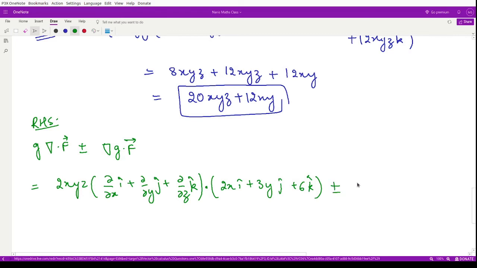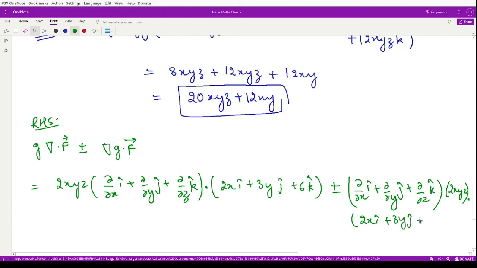Plus minus the vector del operated onto g. What is g? It is 2xyz, and then you are to perform this dot with vector F. So that is 2x i cap plus 3y j cap plus 6k cap, right?